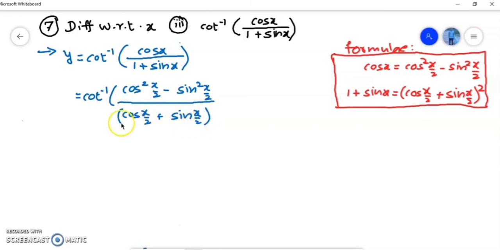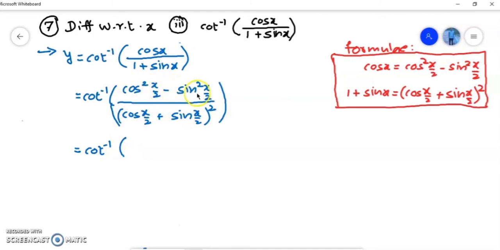These two expressions look very similar, but there are slight differences. Cot inverse of, now cos square x by 2 minus sin square x by 2 needs to be factorized, as looking at the denominator, I need to factorize them.